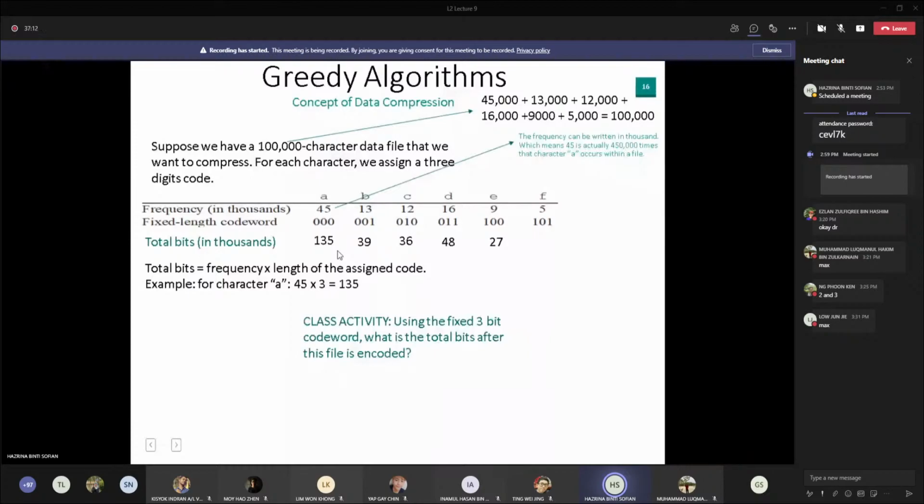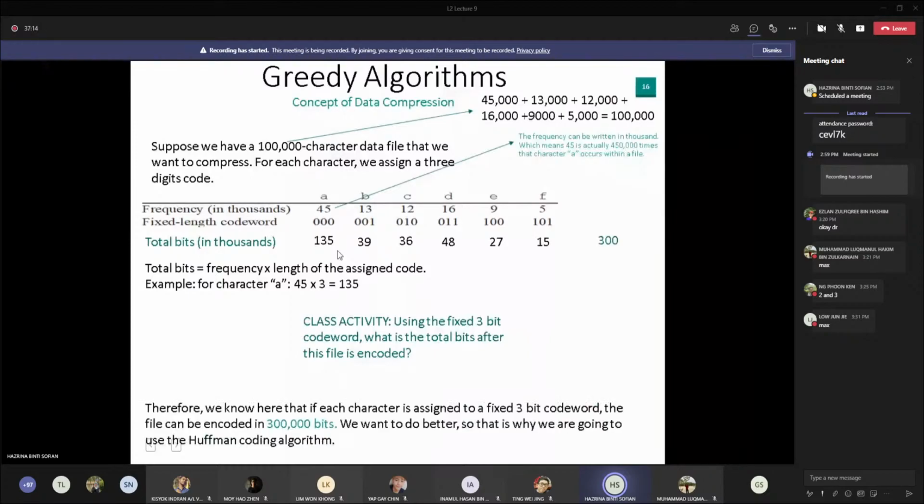And 5 times 3 is 15. So in total, the total bits for the compression using the fixed-length code word is 300,000 bits.